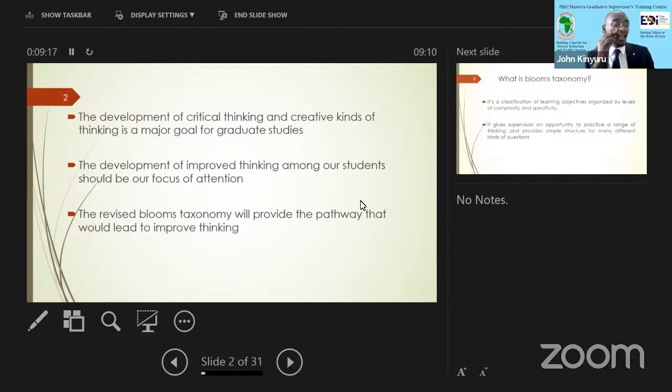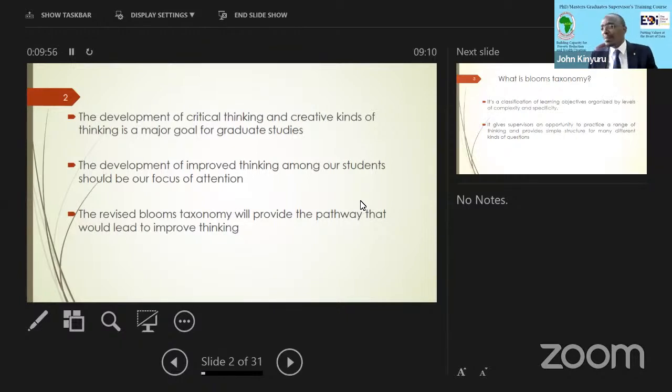Or even if they're not in academia, they'll be in the industry and they will be at the level of research and development. They will be at the level of innovations management, etc. So you're looking at someone who will be able to guide an organization or a company or an academic group towards critical thinking, criticizing models, criticizing policies, criticizing processes and protocols, and at the same time creating new ideas, new protocols, new policies, new ways of doing things.